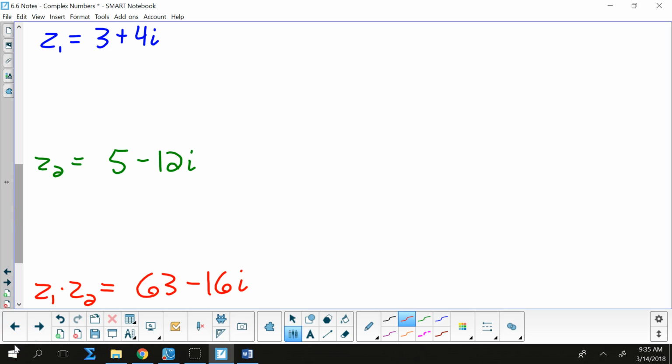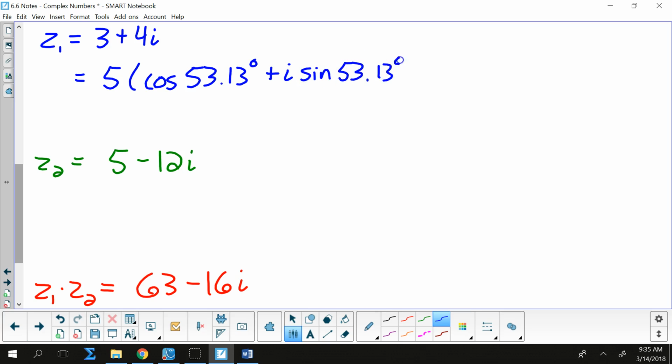All right, so what did we get? Blue people, what did we get for our trig form? What do you got, Max? 5 parentheses cosine 53.130 plus i sine 53.130.